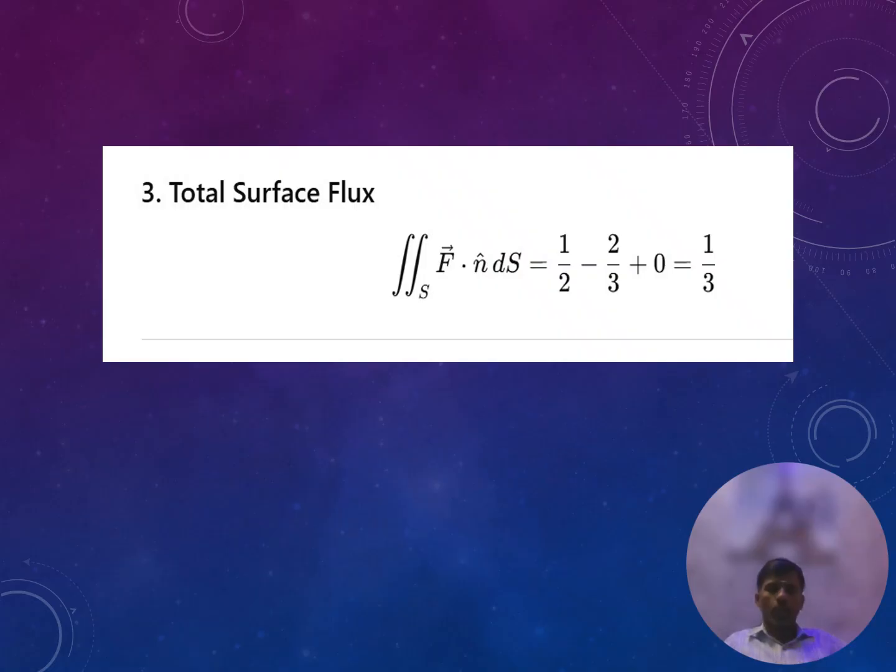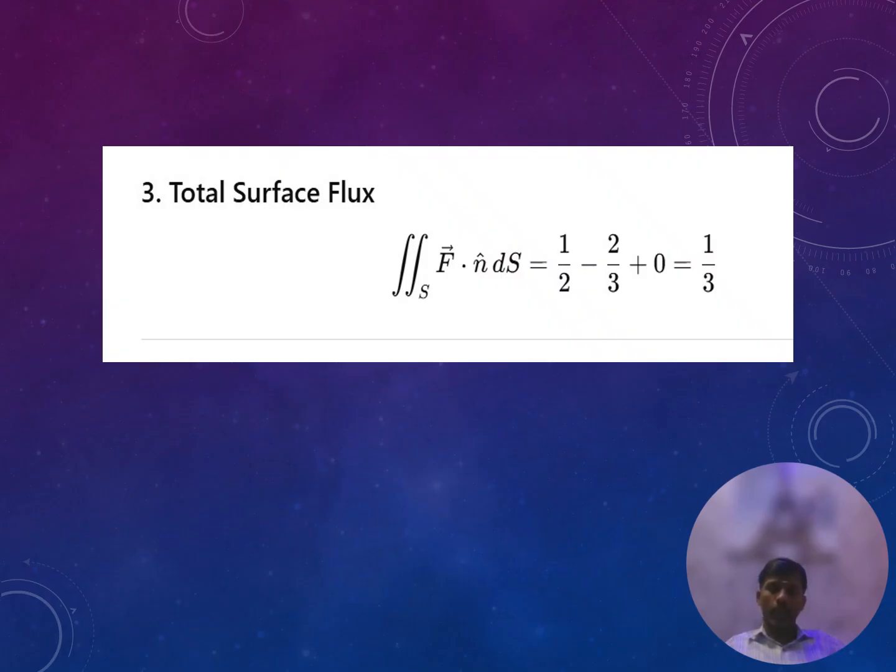Now the total flux over the surface, the surface integral of F dot n cap dS, is equal to: case number 1, the value is 1 by 2; case number 2, the value is minus 2 by 3; case number 3, the value is 0. Summing all the cases, the value is equal to 1 by 3.